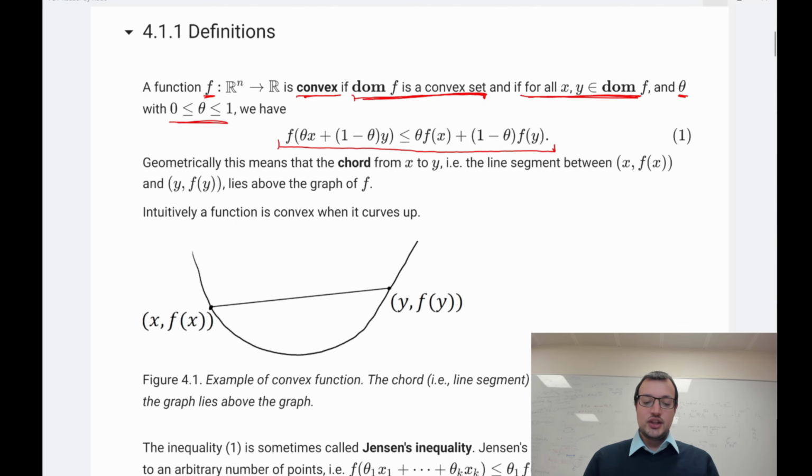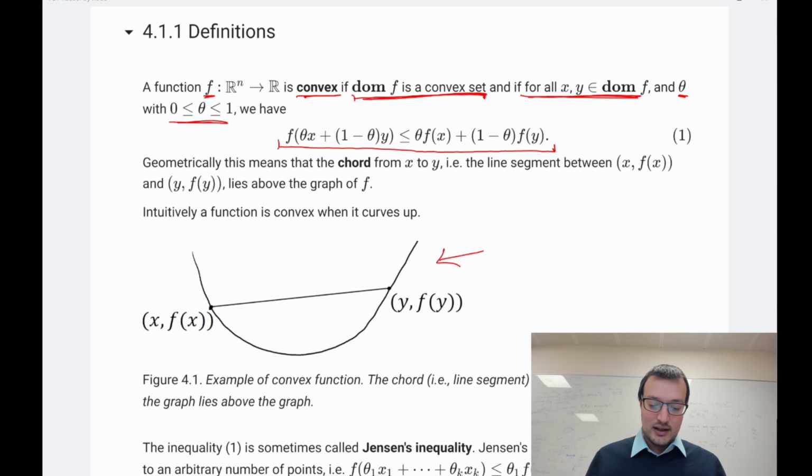Essentially, the function evaluated over the line segment between x and y has to be less than or equal to the line segment computed with respect to f of x and f of y. This can be represented in the plane very easily.